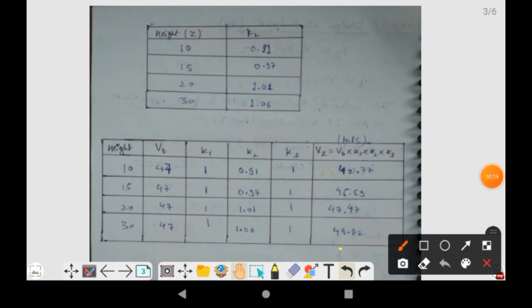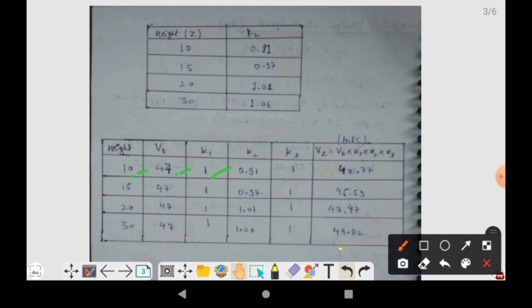For the height of 10 meter, the value of Vb will be constant, and the value of K1 is also constant, because it doesn't have any relation to the height of the building. And the value of K2 is varying as we have already discussed.